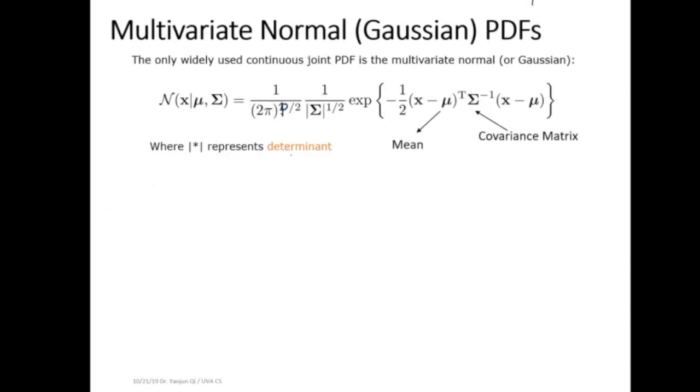So then comes the multivariate Gaussian distribution, which has a pretty complicated PDF formula. Now our x is not just a scalar anymore, it's a vector. So there are multiple features here, x1 up to xp.